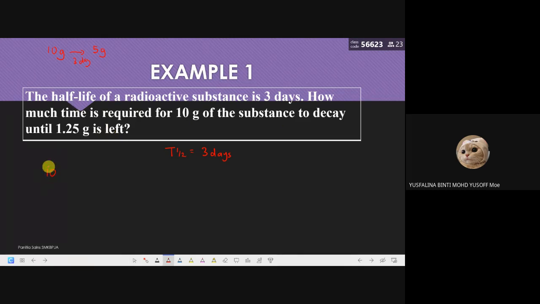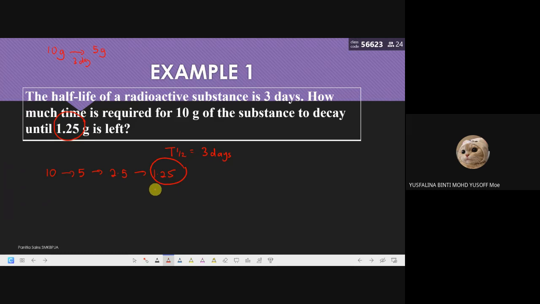Remember you have to divide by 2, because it is half. 10 divided by 2, you will get 5. Then 5 divided by 2, you will get 2.5. Then you divide again, and you will get 1.25. So we already divided by 2 until it became 1.25.